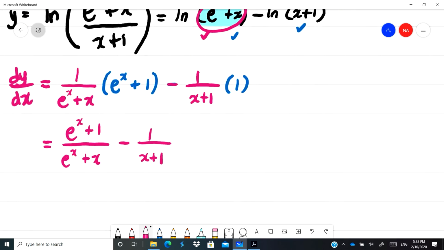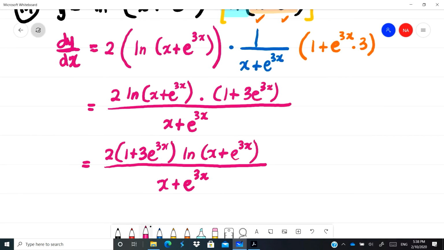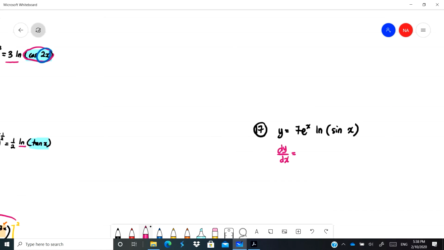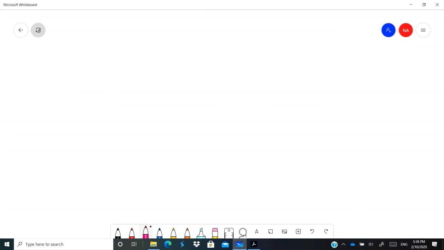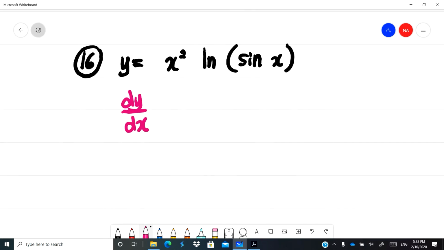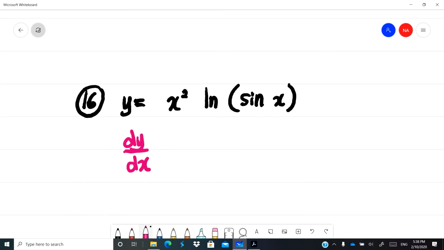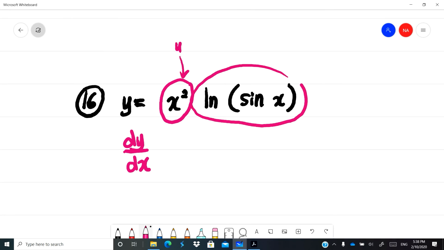Basically that's how you do the differentiation for logarithmic functions. Let's now look at quite complicated examples. What if you have something like this? Of course you can't simplify anything here. So what you can do is identify this as u and this part as v.